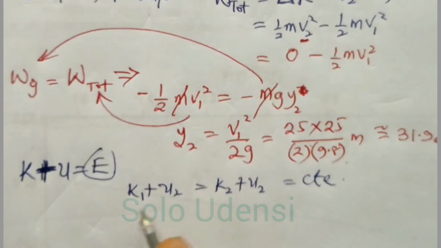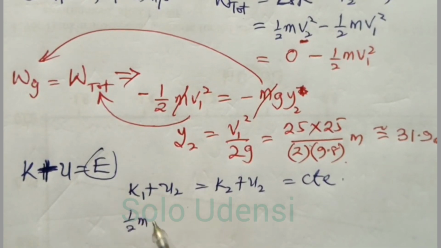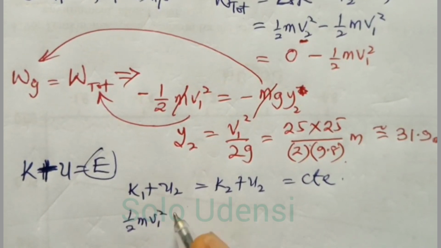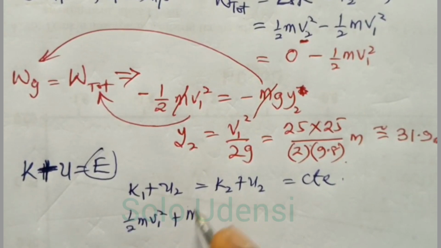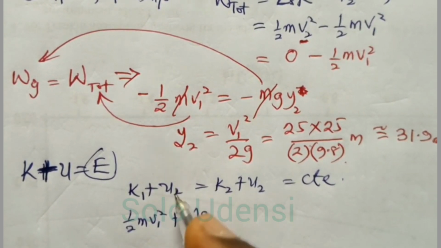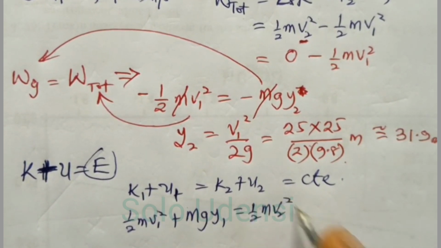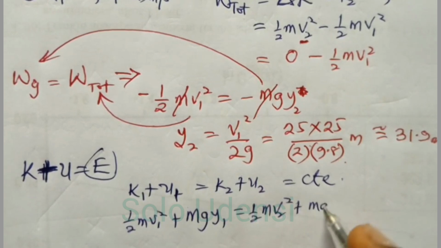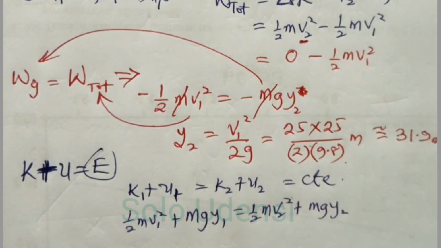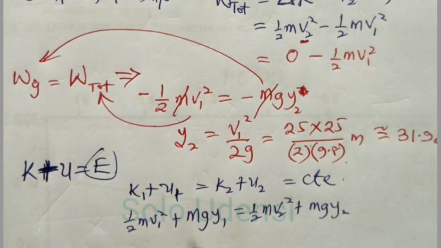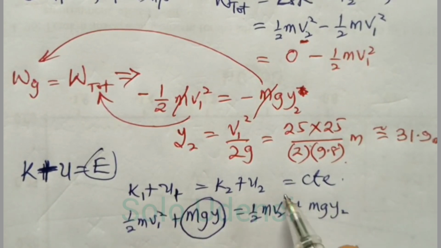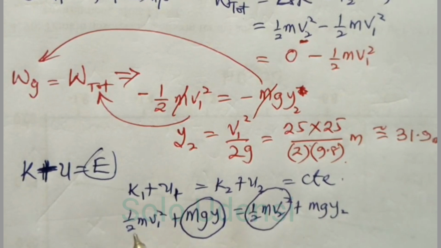So half mv1 squared plus mg y1 is equal to half mv2 squared plus mg y2. You see that here is 0 and here is 0. So we put this and this to get this.